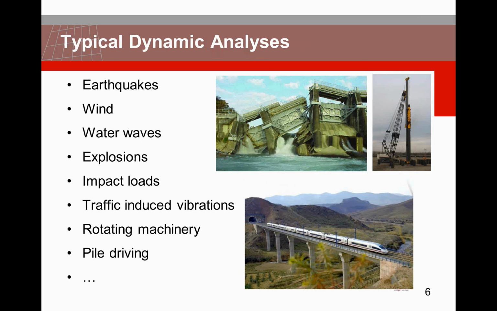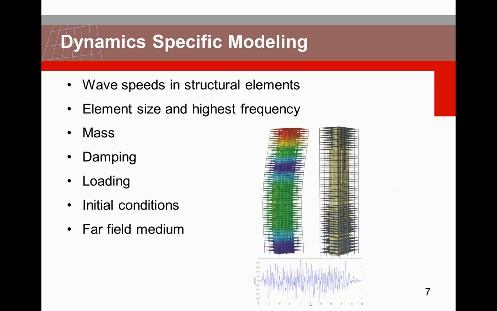where possible. So I would like now to continue to the second session, where we're going to talk about the specific modeling aspects. And in this part, we're going to talk about the wave speeds in structural elements. This is important because vibrations, the waves, travel with a certain speed through your model.